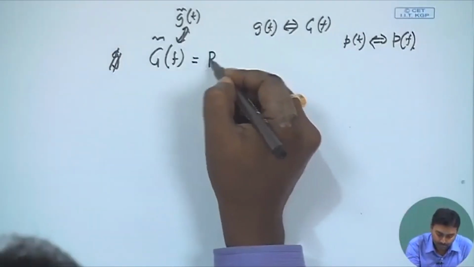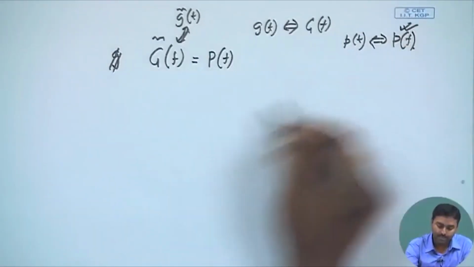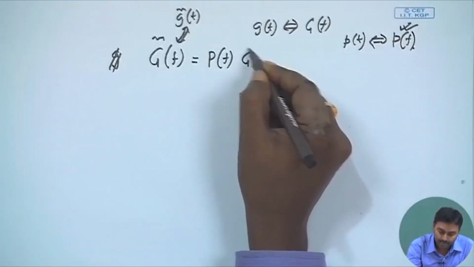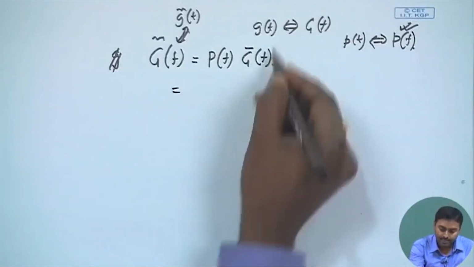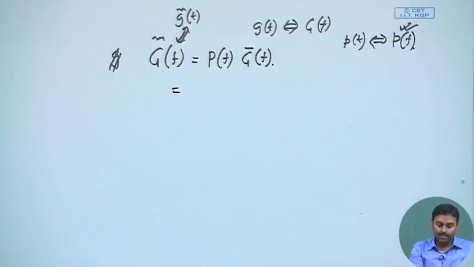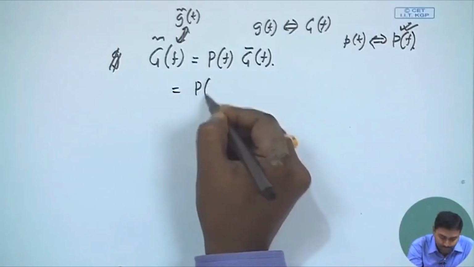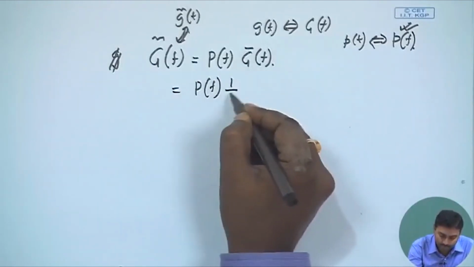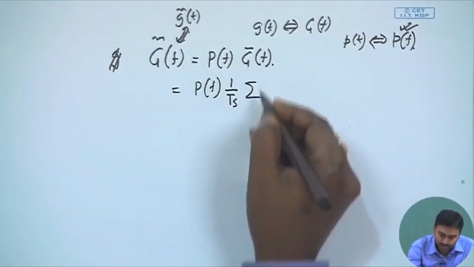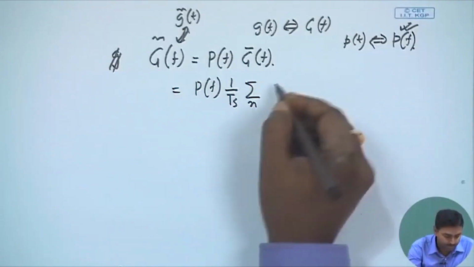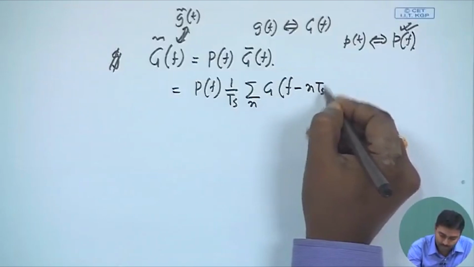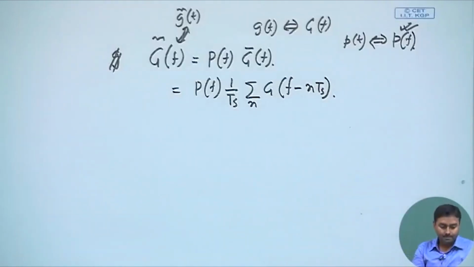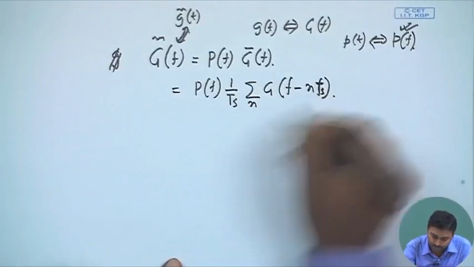That should be P(f), the Fourier transform of the pulse itself, multiplied by G bar(f), right. Now, this G bar(f) we have already evaluated earlier while doing the sampling theorem. So, we can write this as P(f) times 1 by Ts, summation over n, of G(f minus n Fs).